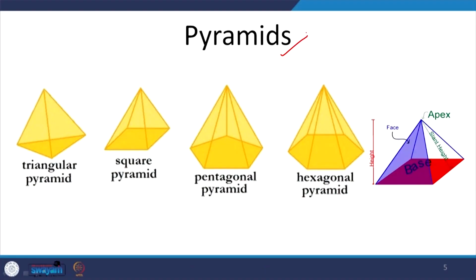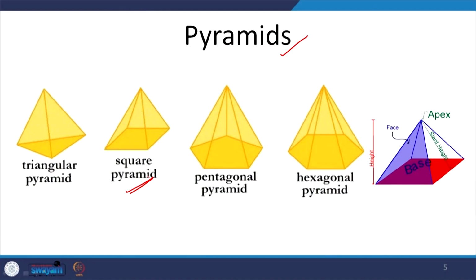The next set of solids that we have, which is also commonly used, is the pyramids. If you have heard of the pyramids of Egypt, then you have a certain idea of what a pyramid is. But pyramid is not just a square base pyramid. What you must have seen in pictures of Egyptian pyramids is that they are all square pyramids.